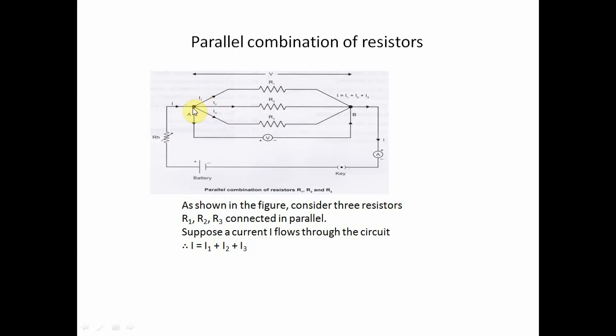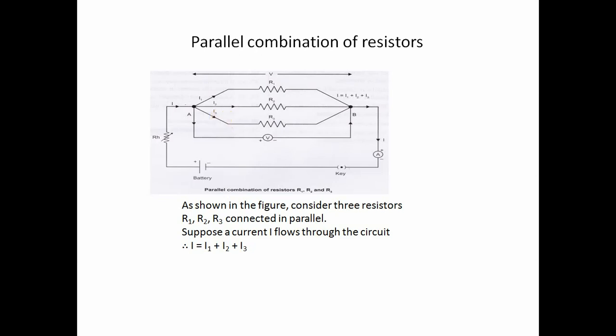Moreover, the potential is the same across all the resistors, let that potential be V, and let these three resistors be connected to an external battery B. Then potential is applied and a current I will be set up in the circuit. But at point A in this diagram, the current is divided into three parts: I1, I2 and I3.